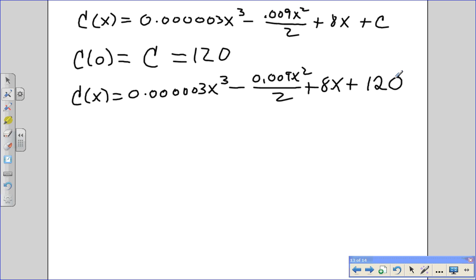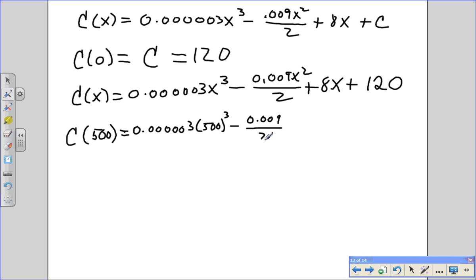And the original question wanted to know what was the cost of producing the first 500 clocks. So you put 500 into that equation. 0.00003 times 500 cubed minus 0.009 over 2 times 500 squared, plus 8 times 500 plus 120.